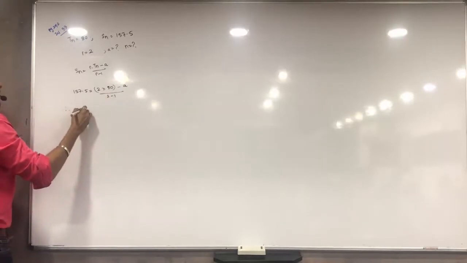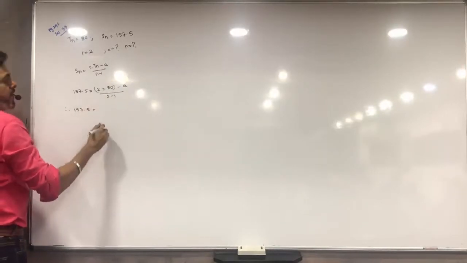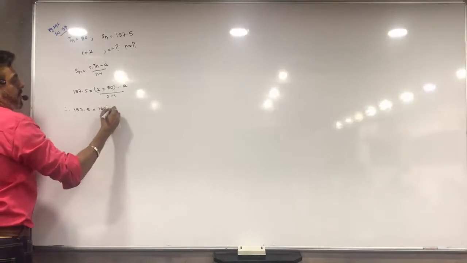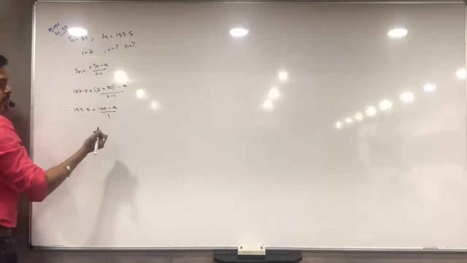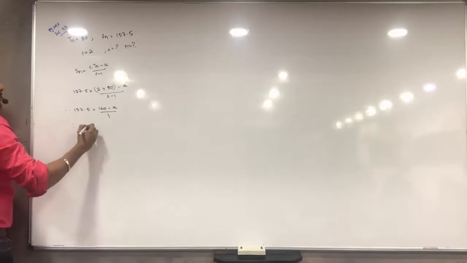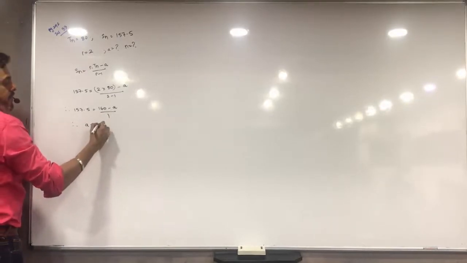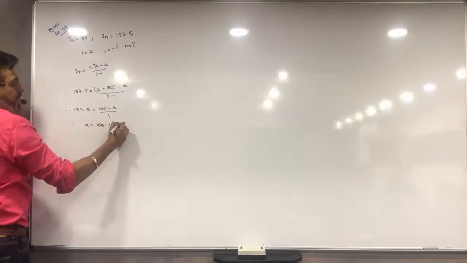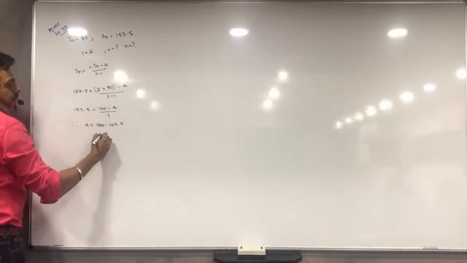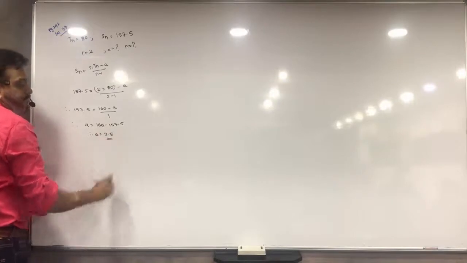Therefore, 157.5 is equal to (160 minus A) upon 1, and 1 has no significance. Therefore, A is equal to 160 minus 157.5. Therefore, A is equal to 2.5.